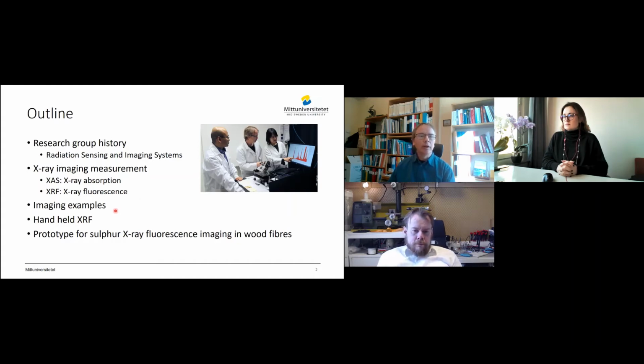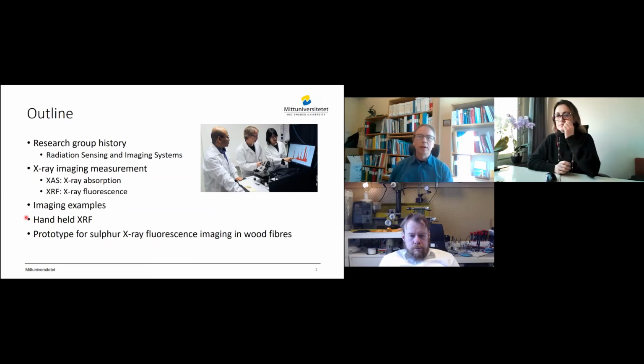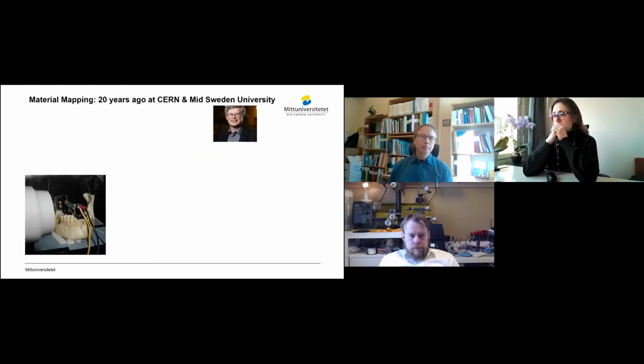I will provide a few examples and then discuss the prototype. I will also discuss handheld XRF measurements and the prototype for sulfur X-ray imaging in wood fibers, this starting image.